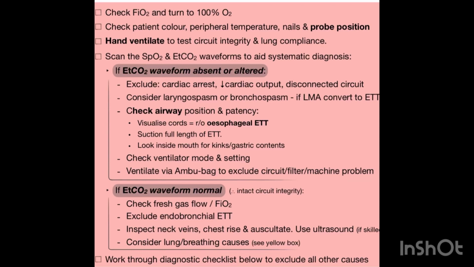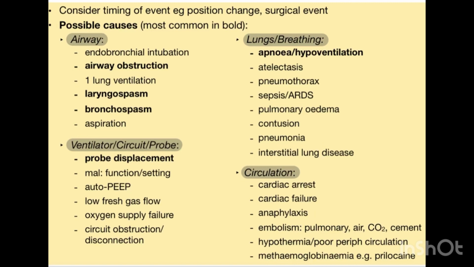Consider timing of events, position change, surgical event, and possible causes. Airway: endobronchial intubation, airway obstruction, one lung ventilation, laryngospasm, bronchospasm, aspiration. Ventilator, circuit, probe: probe displacement, malfunction settings, auto PEEP, low fresh gas flows, oxygen supply failure, circuit obstruction or disconnection.